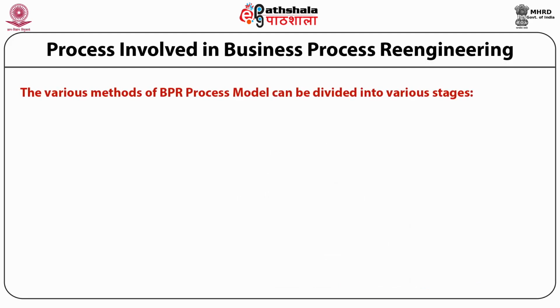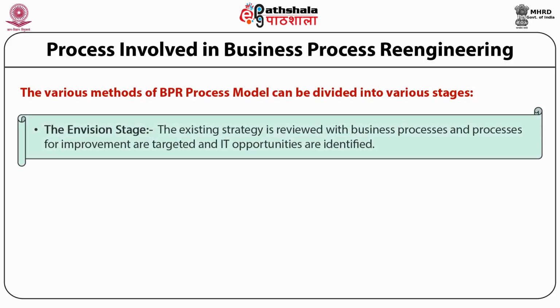The various methods of the business process reengineering model can be divided into stages. The very first stage, the envision stage: the existing strategy is reviewed with business processes, processes for improvement are targeted, and information technology opportunities are identified.